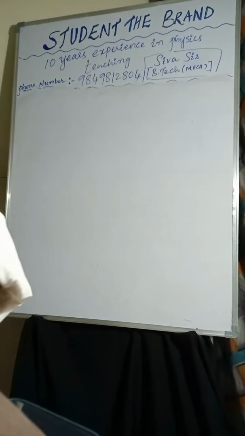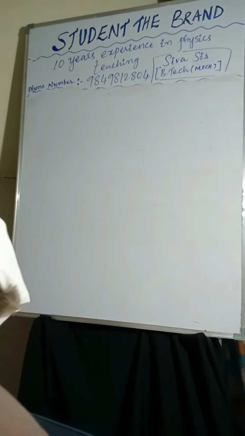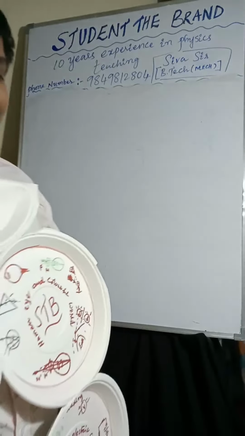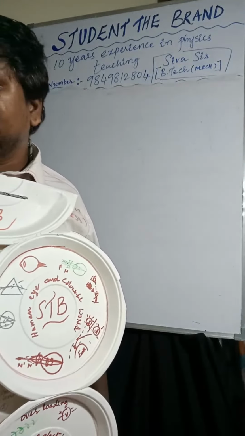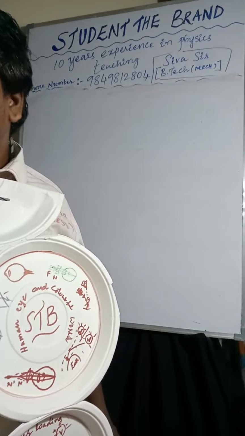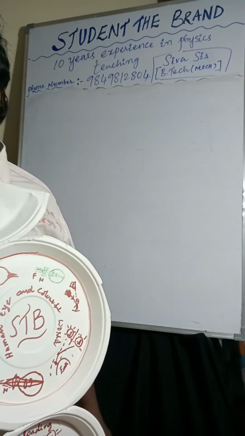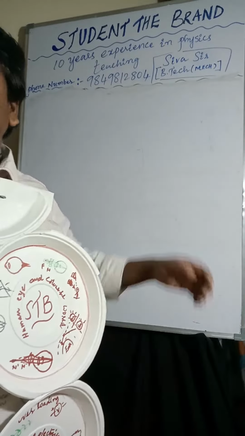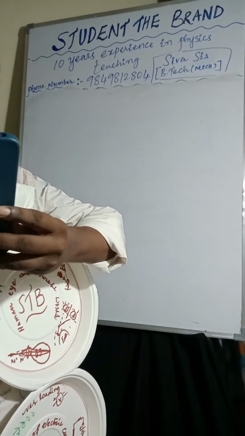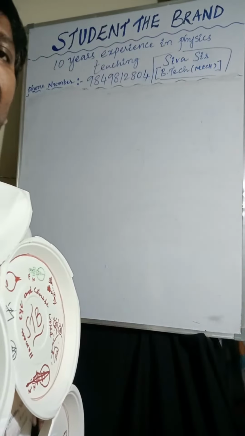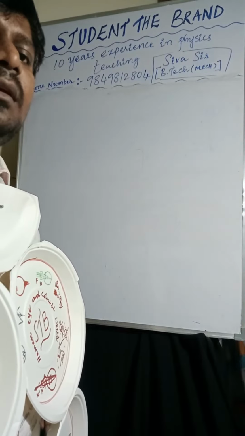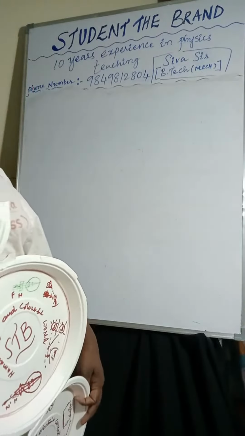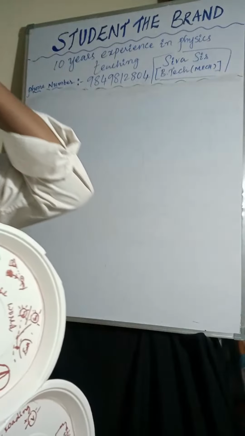So now we are discussing hypermetropia, myopia. All those are completed. So we are going to discuss the electricity chapter. The unit of electric current is ampere.